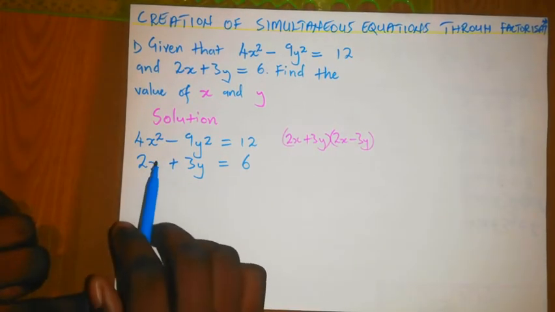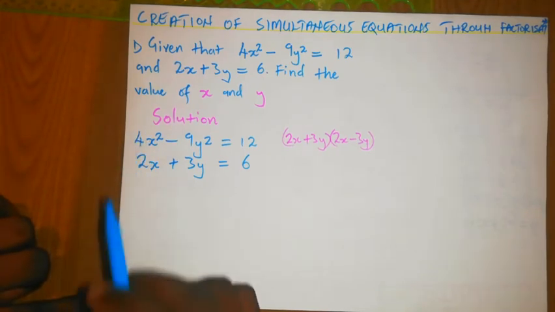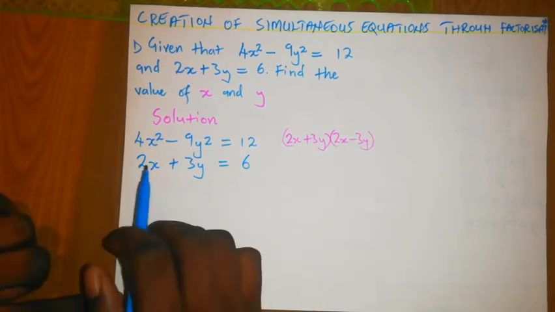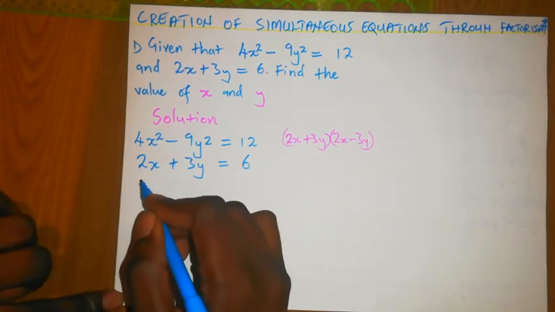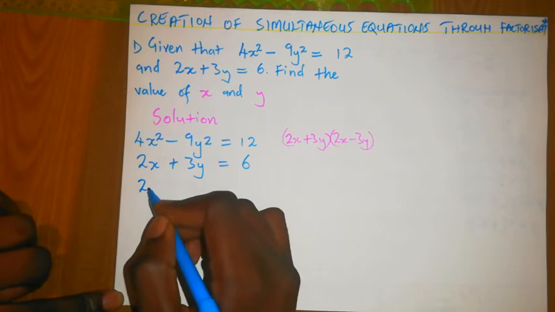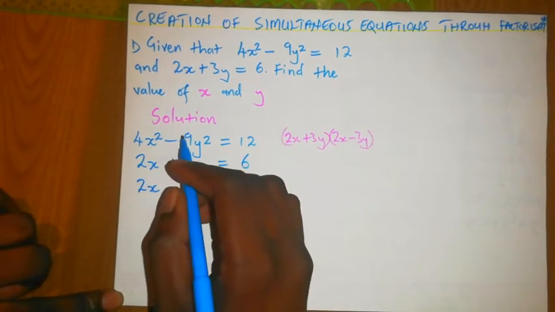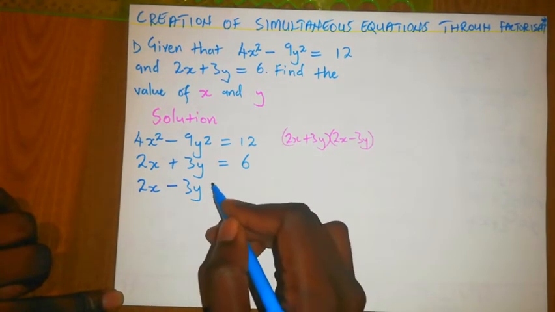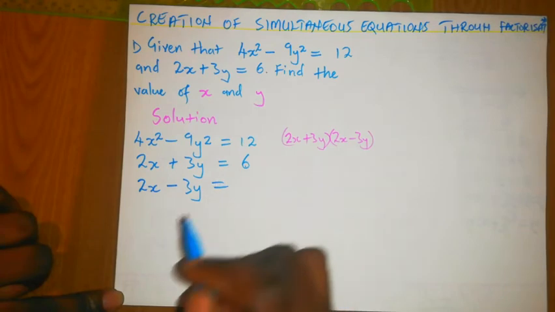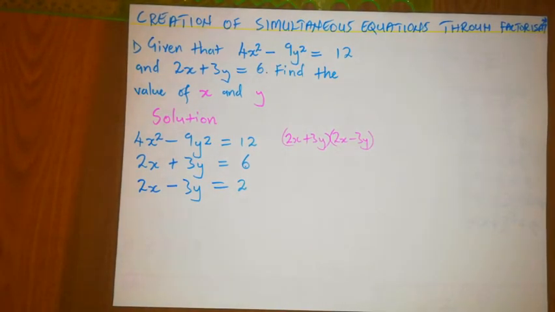We'll be dividing 2x into 4x squared in order to obtain the other term. 2x into 4x squared, we're going to obtain our 2x there. Then plus 3y into negative 9y, we're going to obtain a negative 3y is equal to 6 into 12, that's a 2. So here are our simultaneous equations.